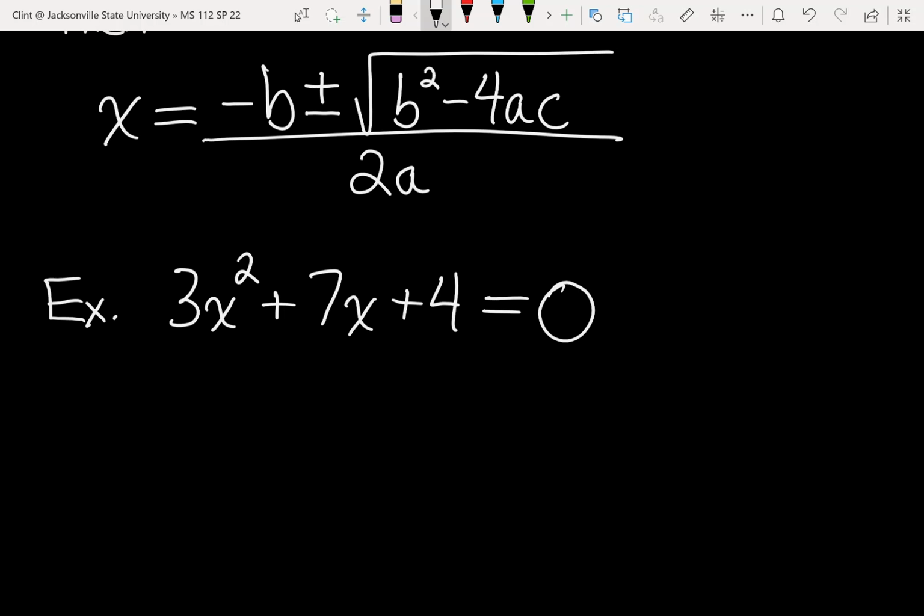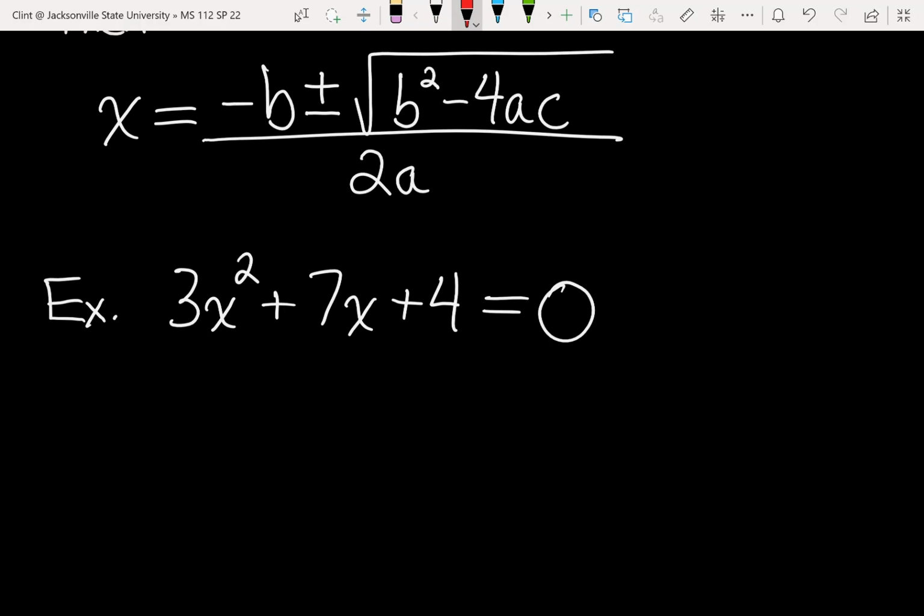It just depends on how comfortable you are with trying to factor. Now, not everything's going to factor with integers, and that's when we would say it doesn't factor. So not every quadratic equation will factor. So here we could use the quadratic formula. That would be fine.